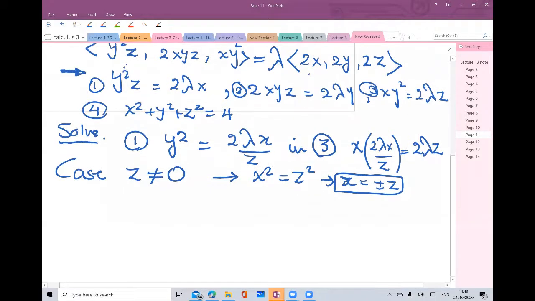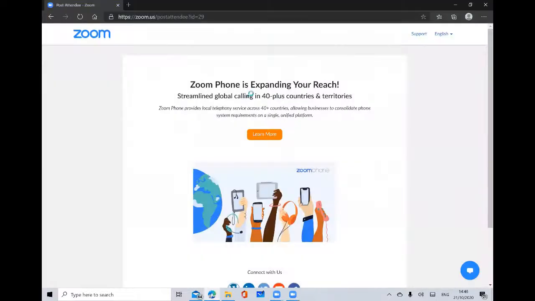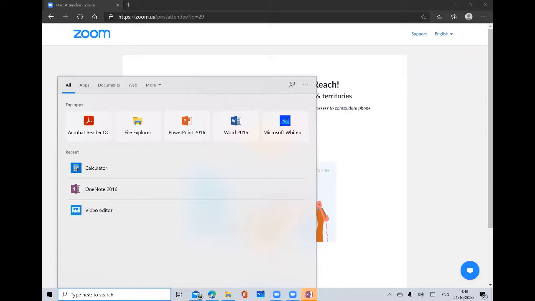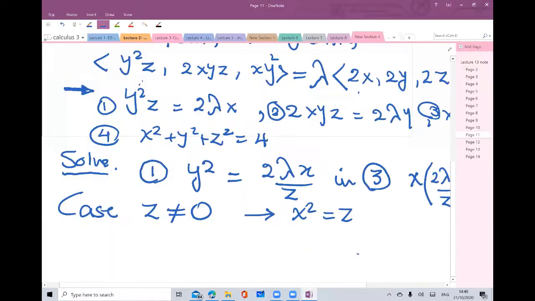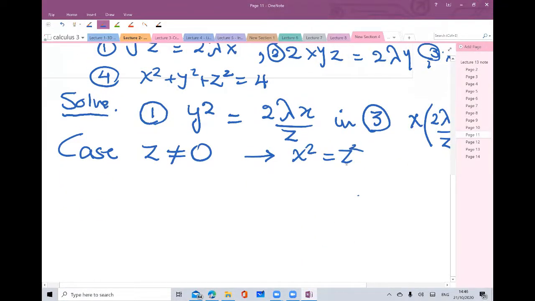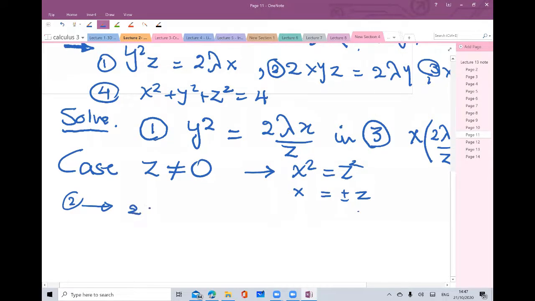I'm gonna use this information. I still didn't use equation 2. So from equation 2, x is plus or minus z. I'm gonna use equation 2, which is 2xyz equals 2 lambda y.